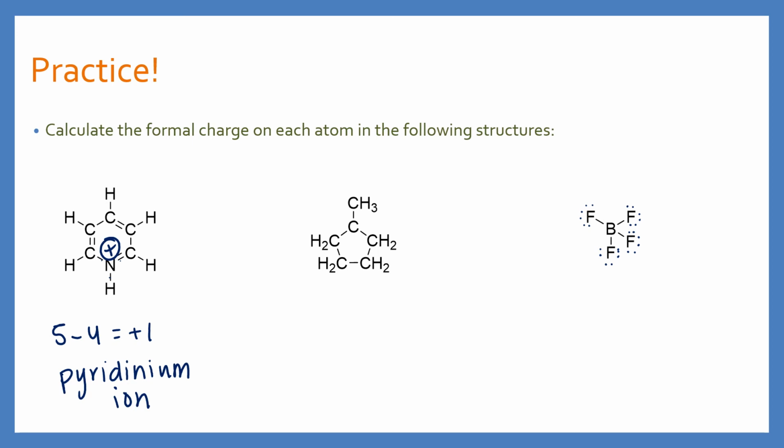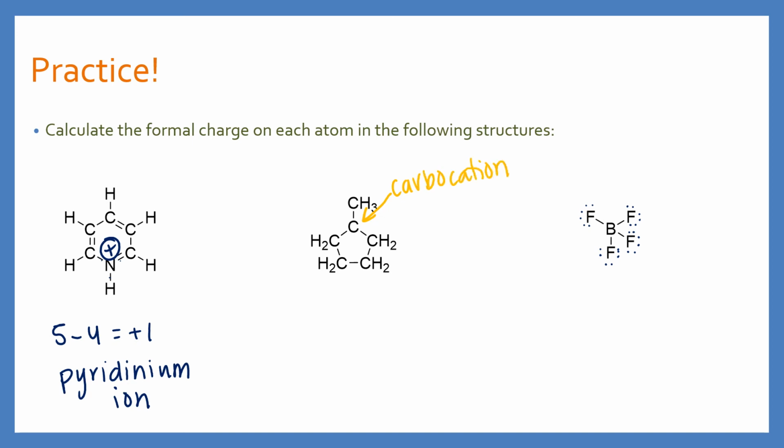In the next molecule, your only options are carbons. As you worked through these, you probably noticed this carbon has 4 bonds, so does this one, this one, this one, and this one. The carbon that I didn't circle is your standout, and this is a carbocation. This is something that I briefly mentioned earlier.